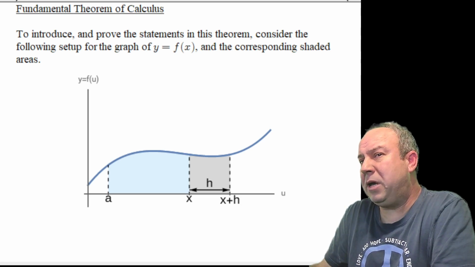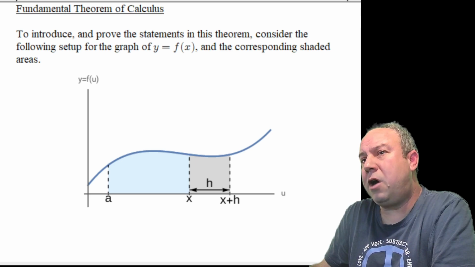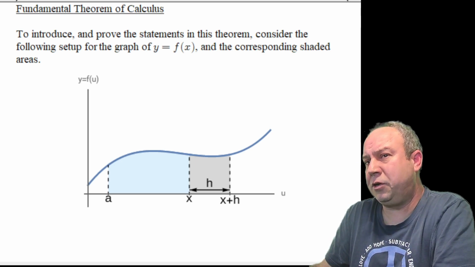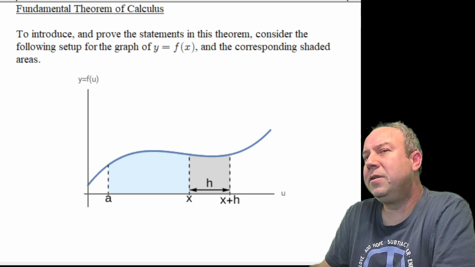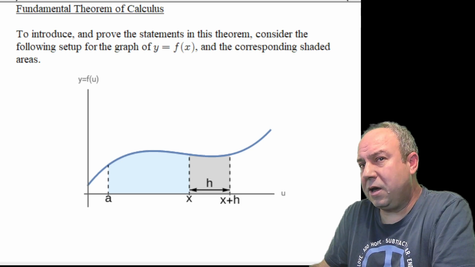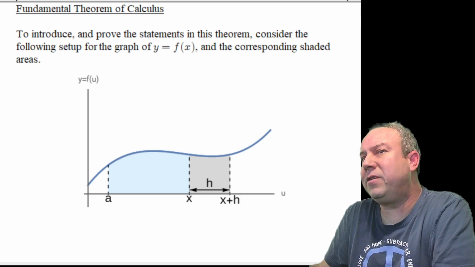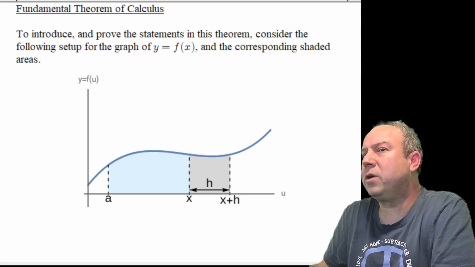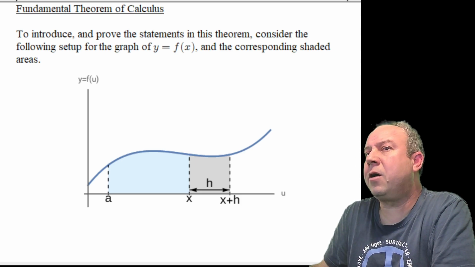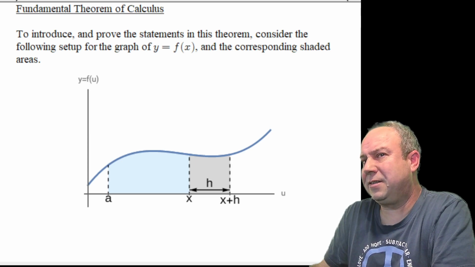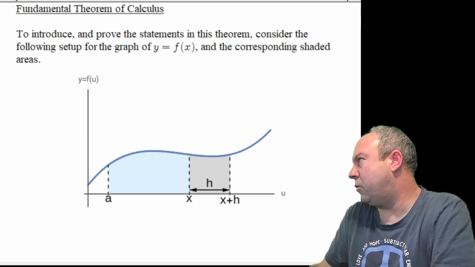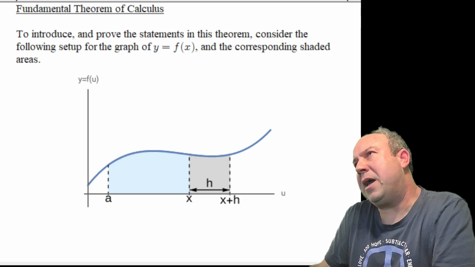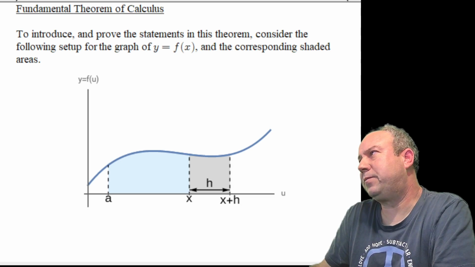X is being reserved for a location along that horizontal axis for u. And as well as x, we have introduced the quantity h to be this horizontal distance that we are in front of x. So that we're a distance of h away from x, and we have this location also in this graph indicated by x plus h.